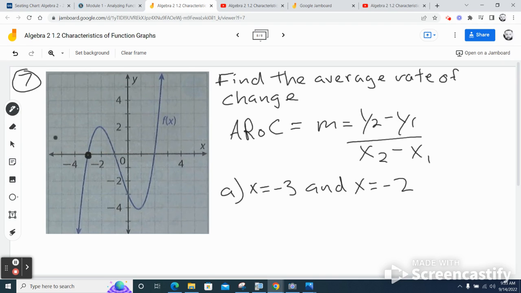What's that point on the graph? -3, comma 0, right? I'm going to call this x sub 1, comma y sub 1. Then at -2, that point there, doesn't that look like -2, comma +2? Remember, these are in alphabetical order.